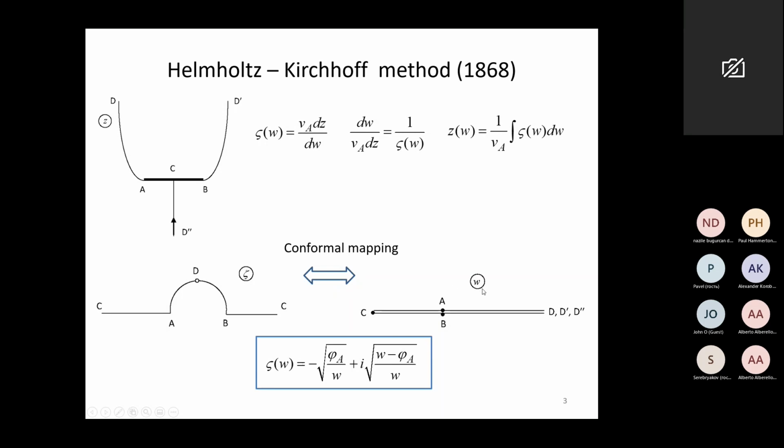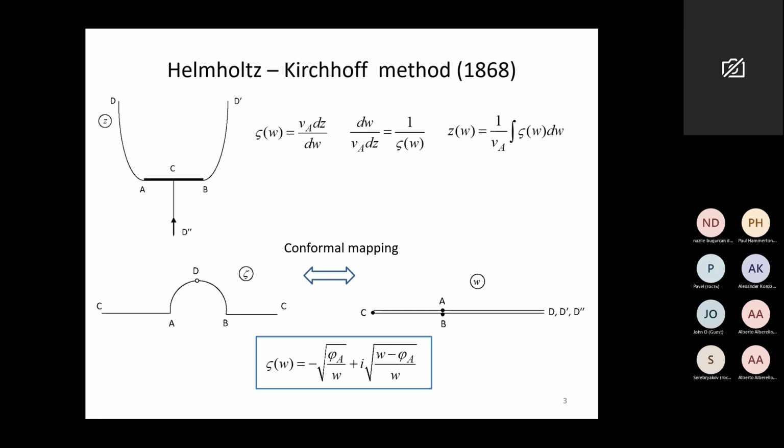So the complex potential plane is just cut with origin at point C and point D at infinity. The problem is to find such a complex function which transforms region zeta to the region of complex potential.